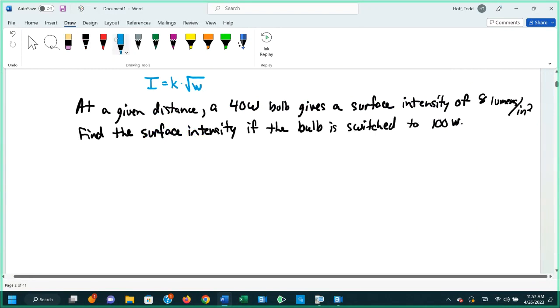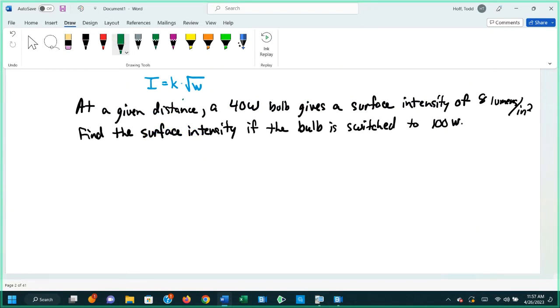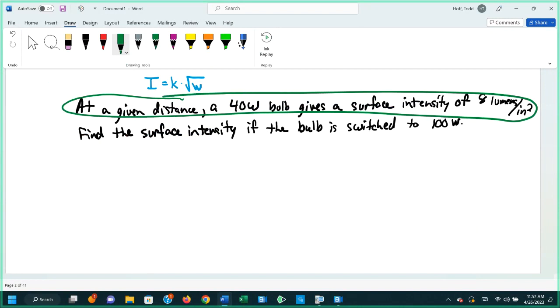So there's actually two things I have to do here. I have to start with this first piece. That's that known condition. So the intensity is 8 lumens per square inch. I'm just going to put in the 8 there. Equals a constant times the square root of 40. So solving this, dividing by the square root of 40 now, I know that my constant is equal to 8 divided by the square root of 40.